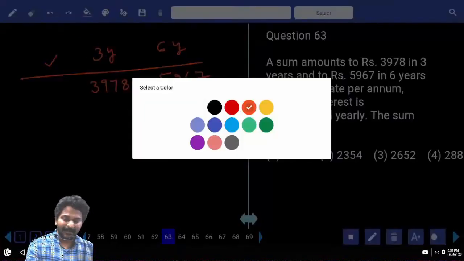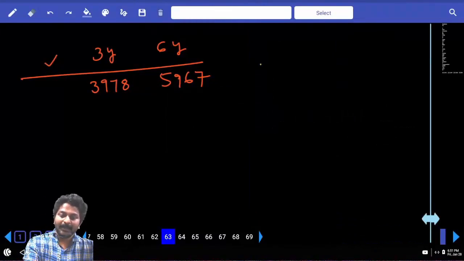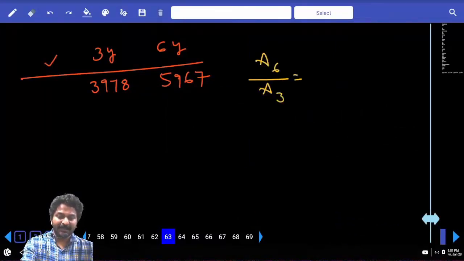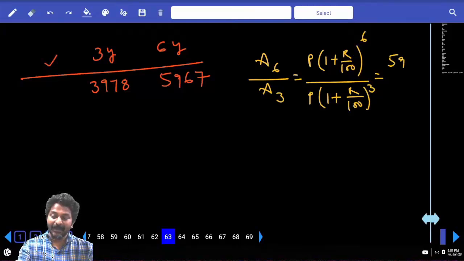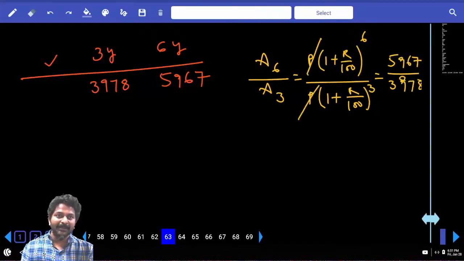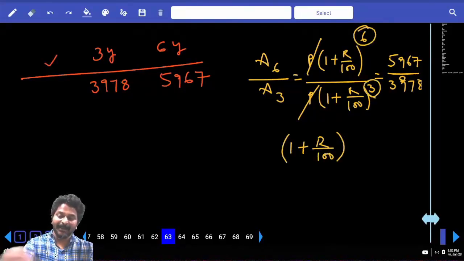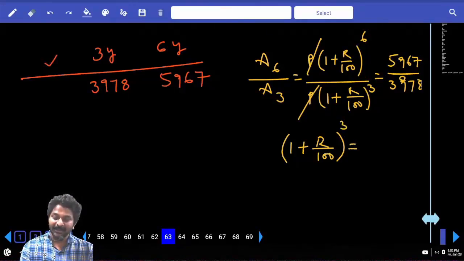If you want to do this by the formula, I will tell you the actual procedure, first listen. Amount after 6 years by amount after 3 years. Amount means P into (1 plus r by 100) to the power of 6 years, divided by the amount after 3 years, P into (1 plus r by 100) to the power of 3. That is 5967 by 3978. P gets cancelled in numerator and denominator. So on the left-hand side we have (1 plus r by 100) to the power of 6 by 3, cancellation, and after that you will get some fractional part.